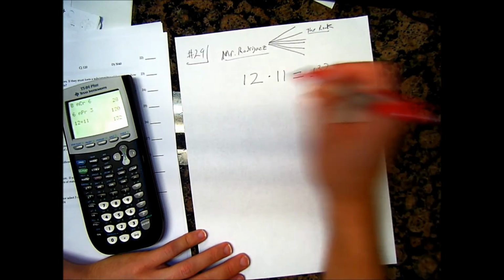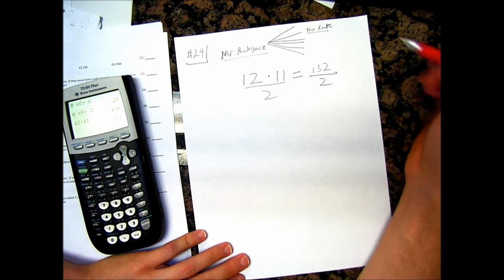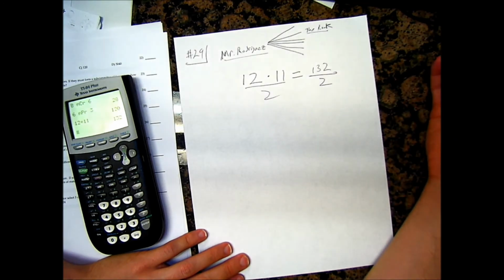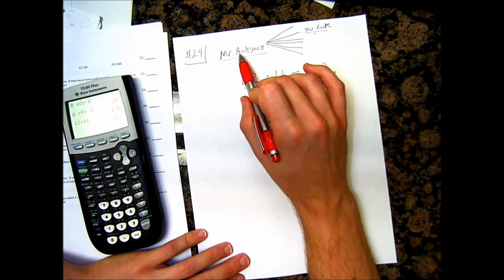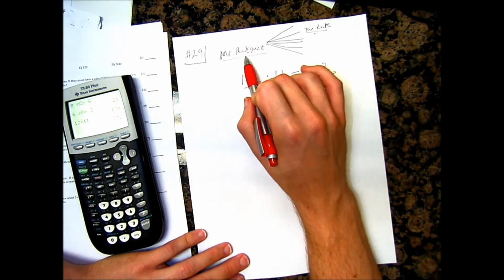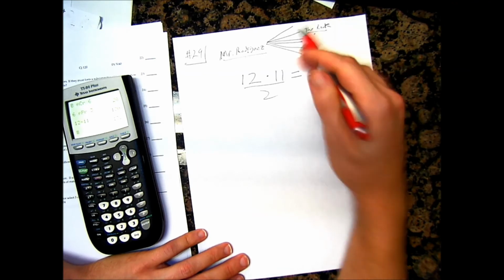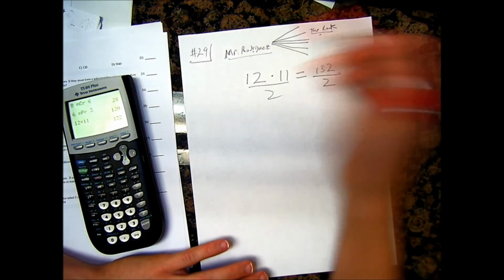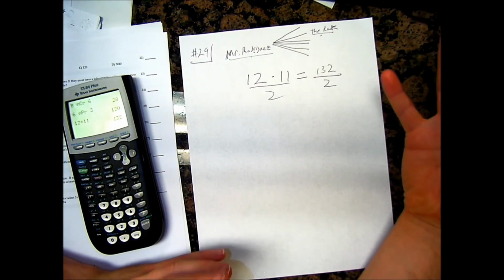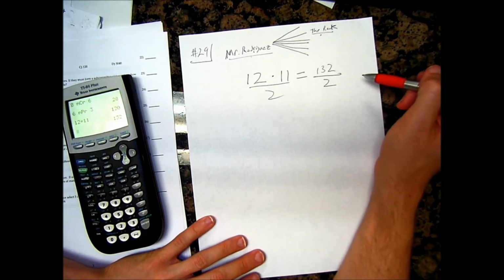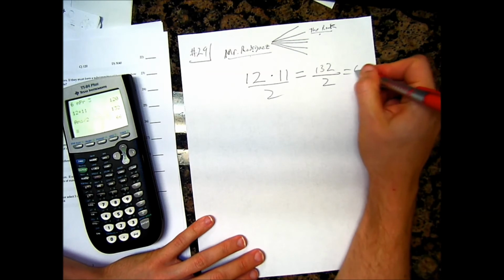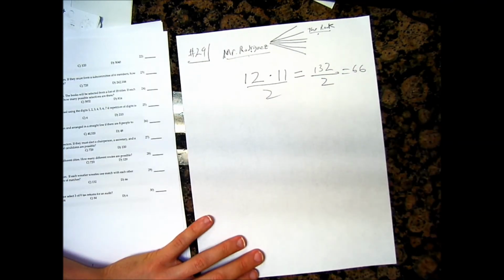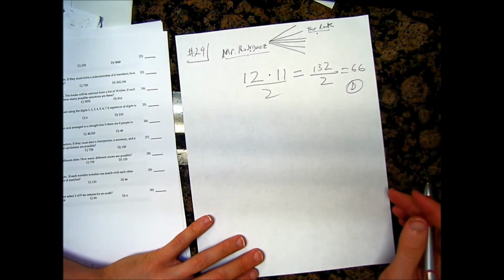So you can divide that number by 2, since that's the number of matches that you would have, since you wouldn't have a separate match for Mr. Rodriguez wrestling The Rock and then another one for The Rock. That would take care of both matches at once. So this number is twice as big as it needs to be. So this should be 66, which is D. Okay.